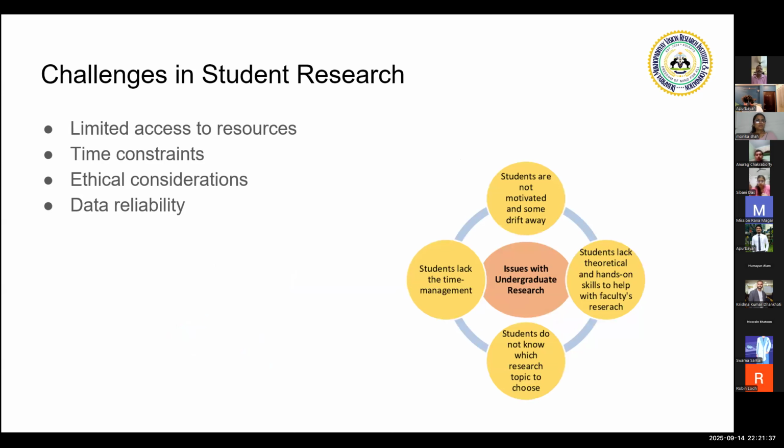Now, the challenges which I am facing on a regular basis after starting this research institute. People in third year, people in second year are interested in research, but they are not exposed to the data. So I encourage them that you study at least.